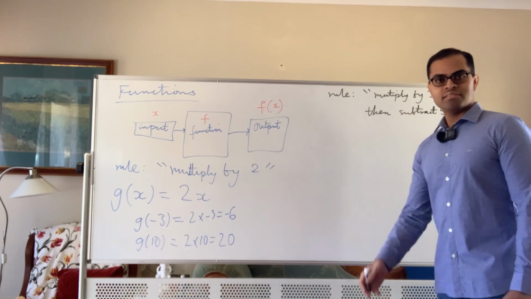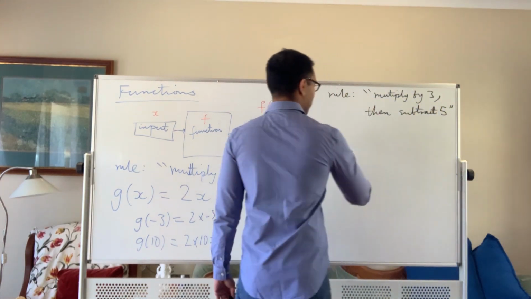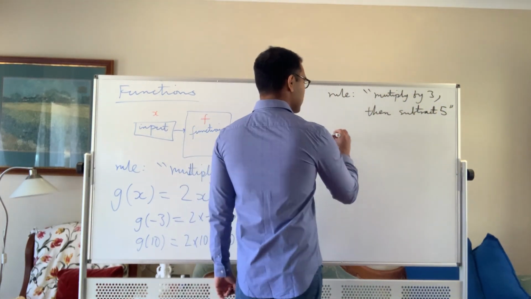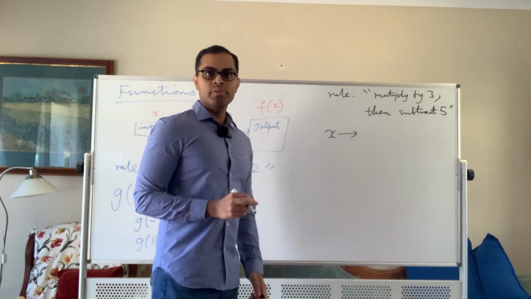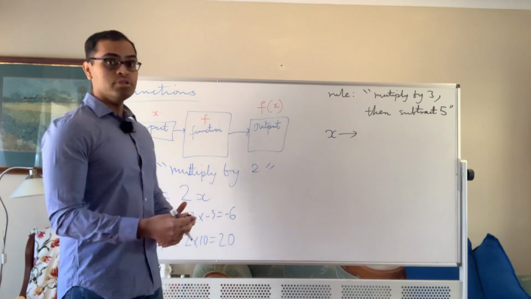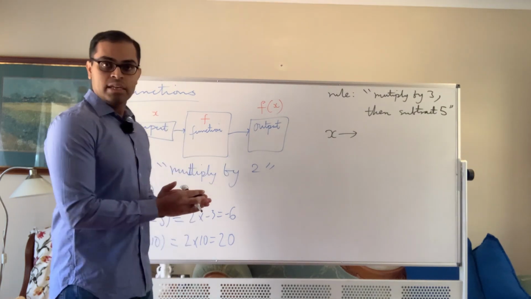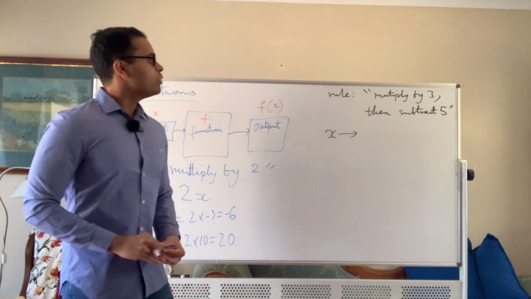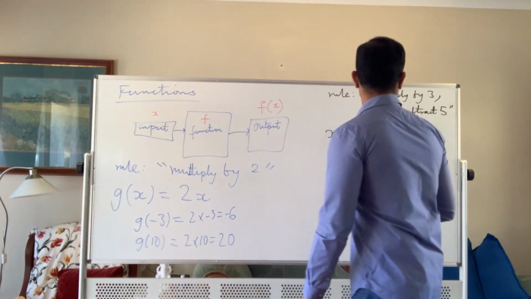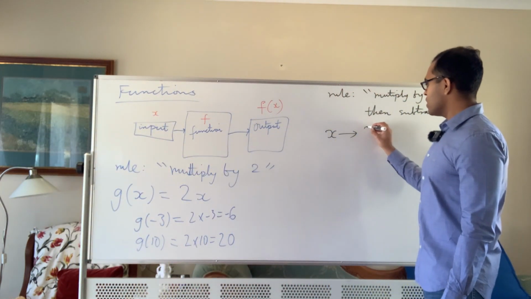All right, so let's do that. I assume we paused the video. So what's the rule going to be? One way I like to think of it, just to start off with, is in terms of a diagram. Our rule is now 2 steps, right? We're taking our input, which is x. We call it x. It's a variable, it can be anything. Take x. We first multiply by 3. What happens when you multiply x by 3?